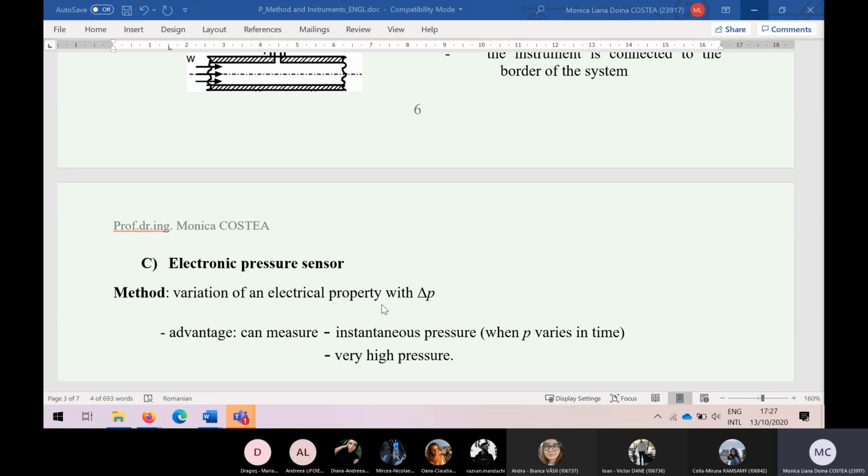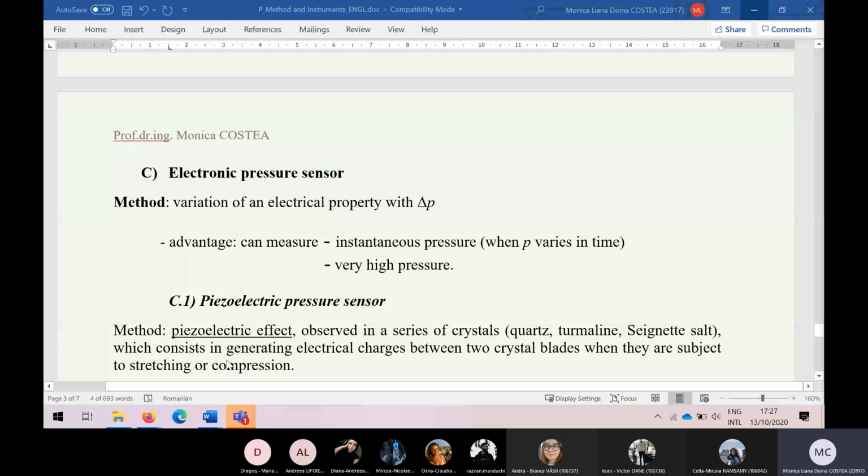There are several properties that are involved: electrical charge, capacity, inductance. So I have chosen only one, namely the voltage variation. But before presenting this piezoelectric pressure sensor, let us mention the main advantage of this category.